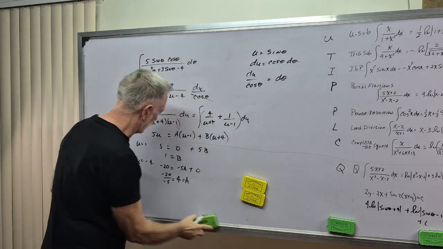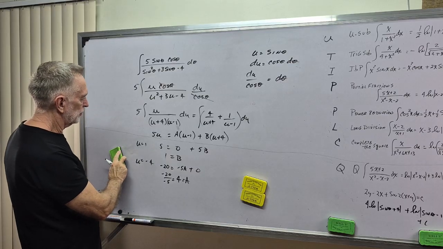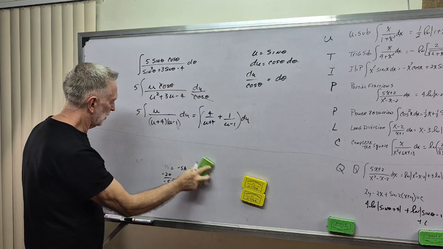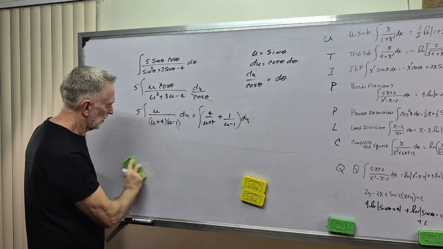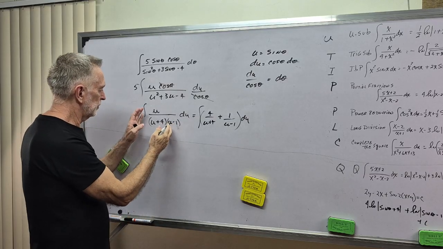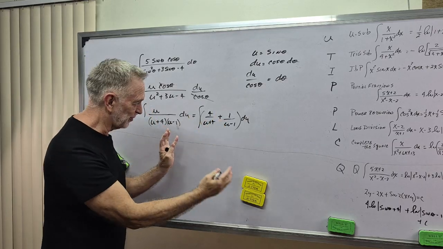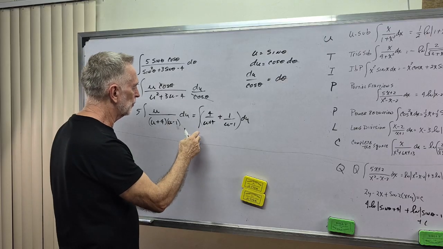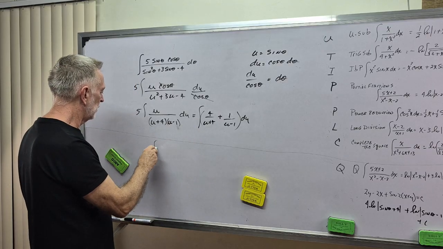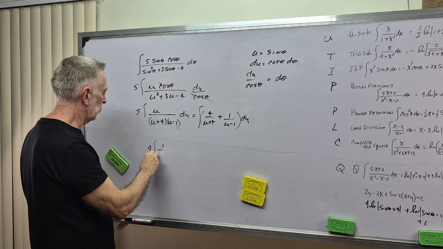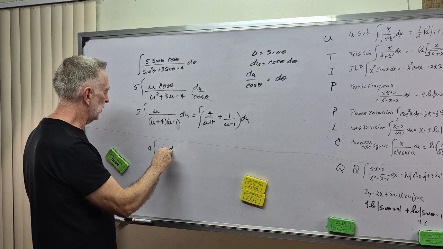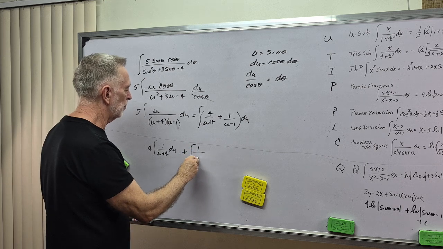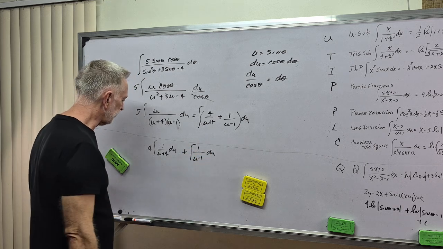This is a cool thing about partial fractions. It allows me to break this fraction into partial fractions, thus the name, and it becomes much simpler. So I have now the integral of 4 times 1 over u plus 4 du plus the integral of 1 over u minus 1 du.